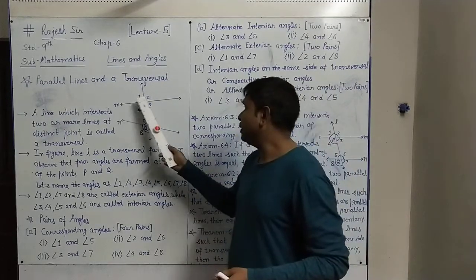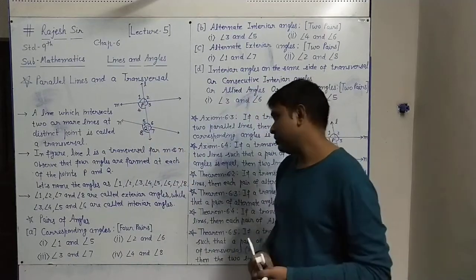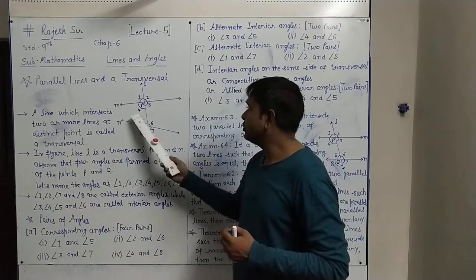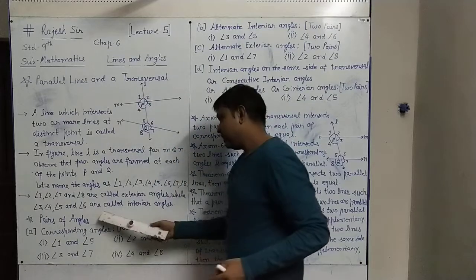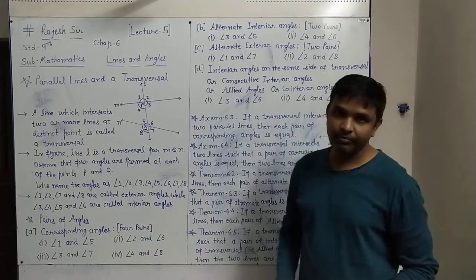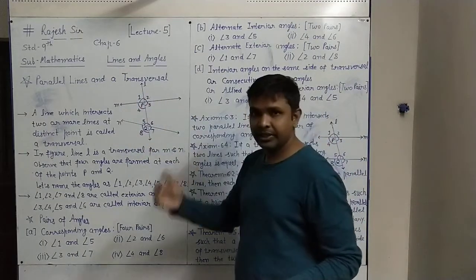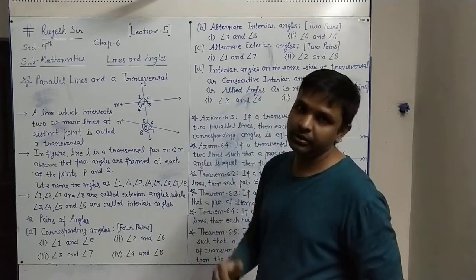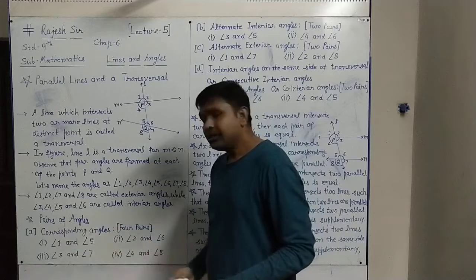And angles 3, 4, 5 and 6 are coming inside, so they are called interior angles. Right? Outside-looking angles 1, 2, 7, 8 are exterior, inside-looking angles 3, 4, 5, 6 are interior angles.